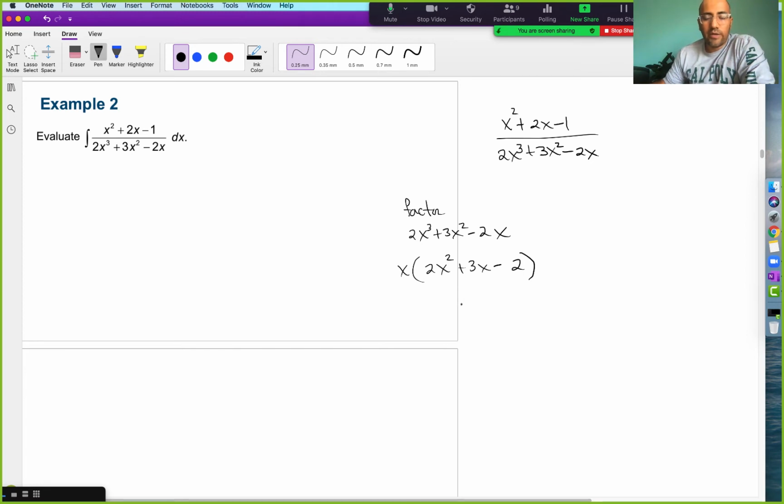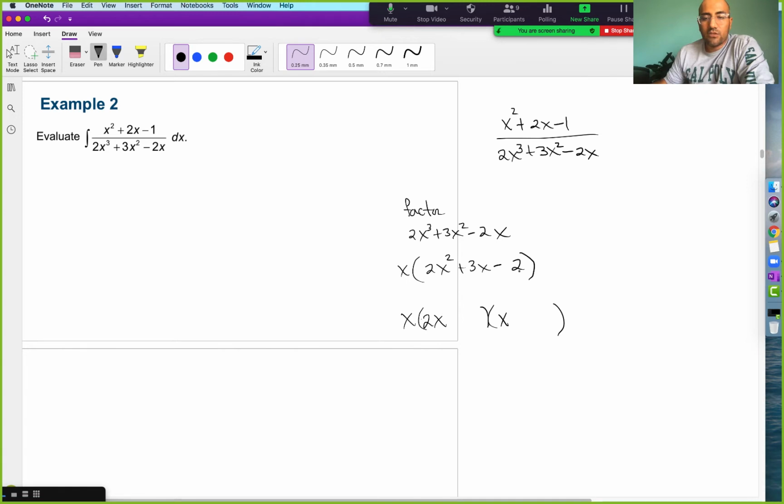I could use the quadratic formula, but since the numbers are pretty small, this feels like a really good guess and check situation. So I'm going to guess and check, right? And there's not that much to guess. The 2x squared makes me think one of the terms must have a 2x and the other term must have an x. That's how you get 2x squared.